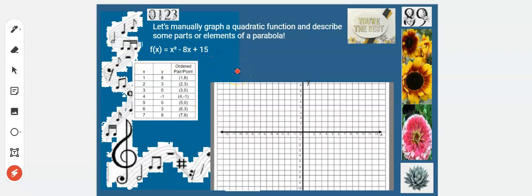Again, kung mag-manually graph a quadratic function, mag-complete ta og table of values. It can be in a vertical or horizontal orientation. Okay, so this is a vertical orientation. Unya, butangan na to ang table of values ug usa ka column for the ordered pair or points.